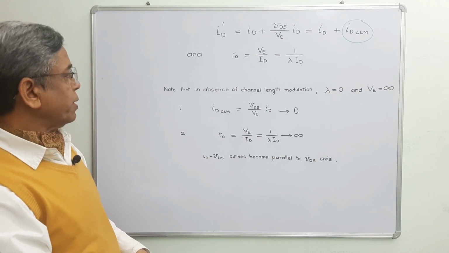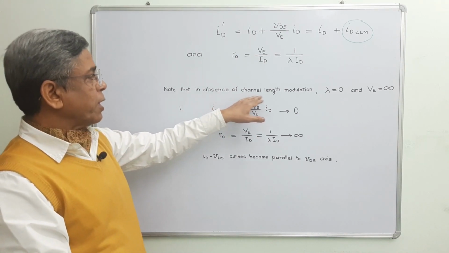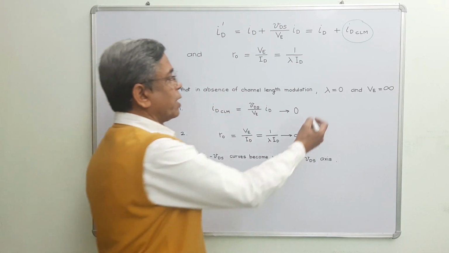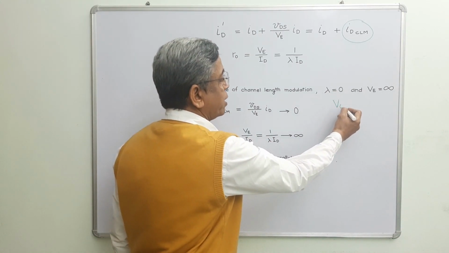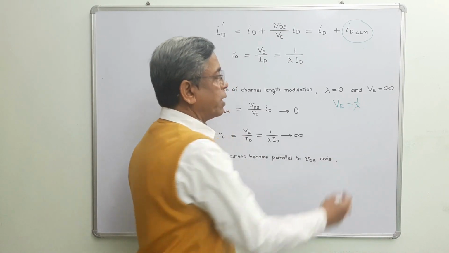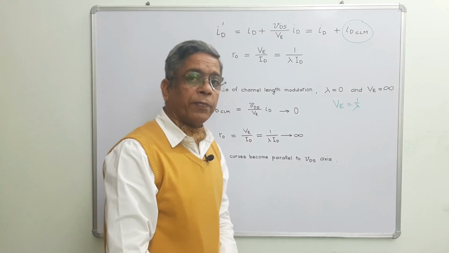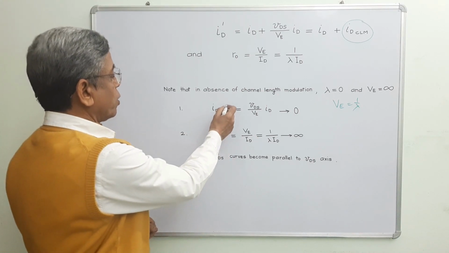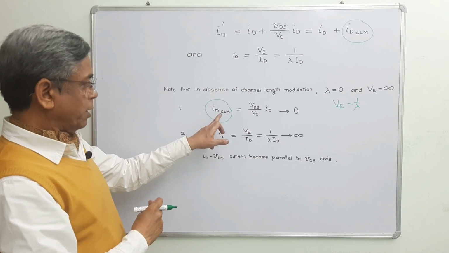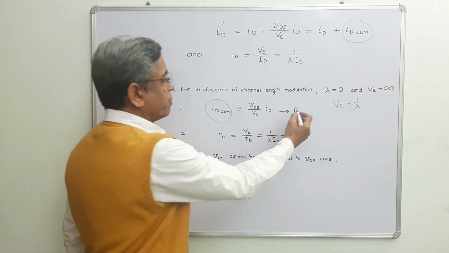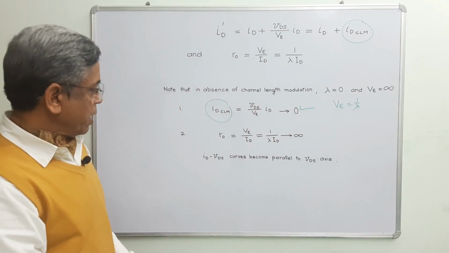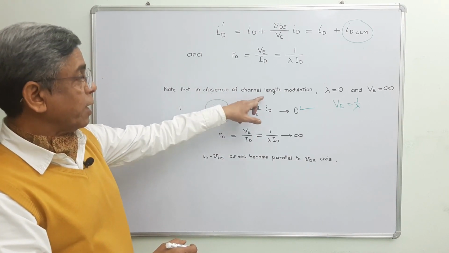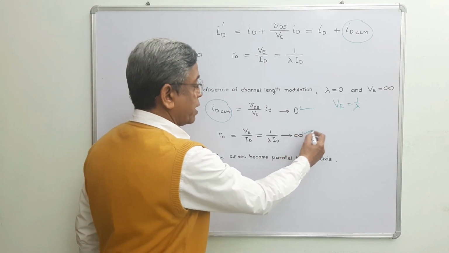Let us see what happens in the absence of channel length modulation. In the absence of channel length modulation, lambda is 0 and VE is equal to 1 by lambda, that's why VE is infinite. First point, this part of drain current because of channel length modulation becomes 0, and the output resistance in the absence of channel length modulation becomes infinite.